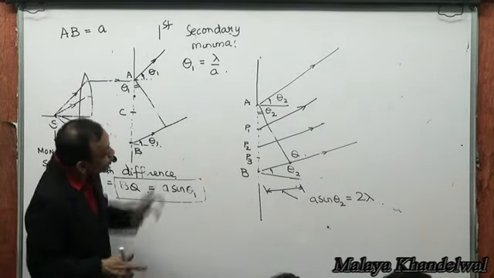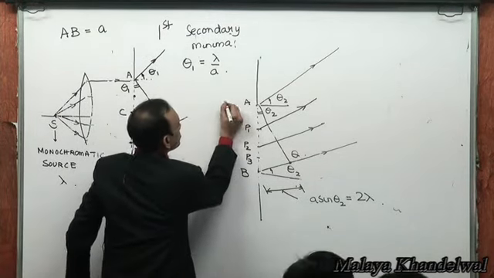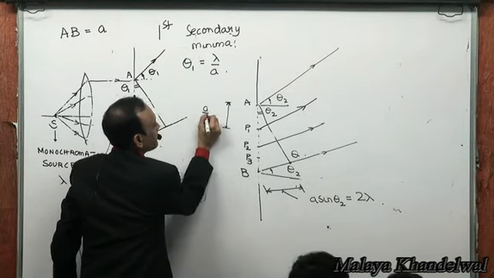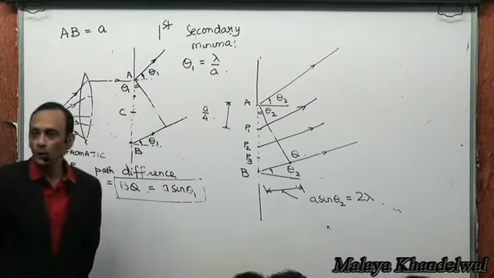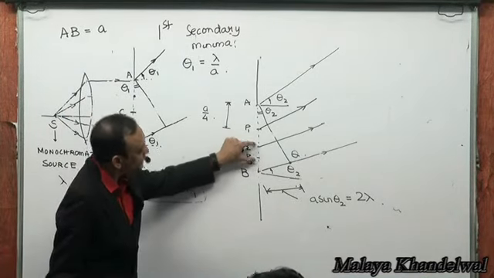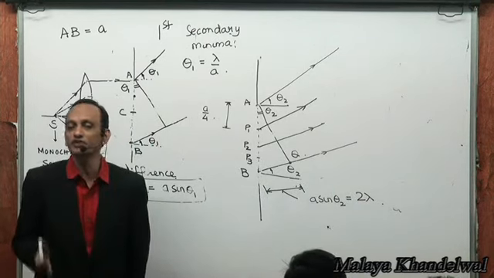Now, the path difference. A and P1 are at a vertical separation of A by 4, for example. P1 and P2, A by 4. P2 and P3, A by 4. P3 and B is also A by 4. Same vertical separation.